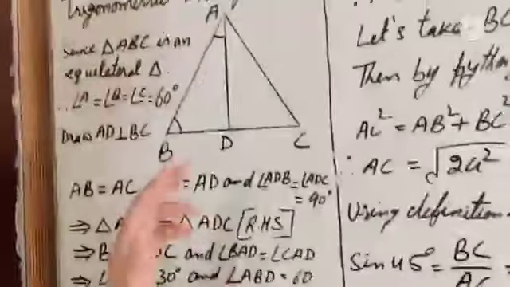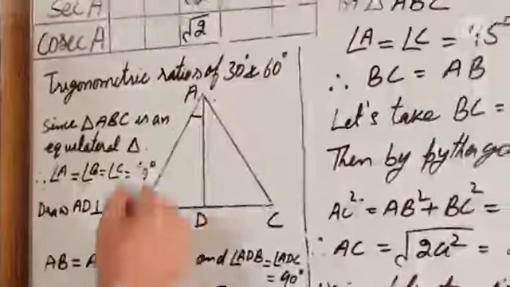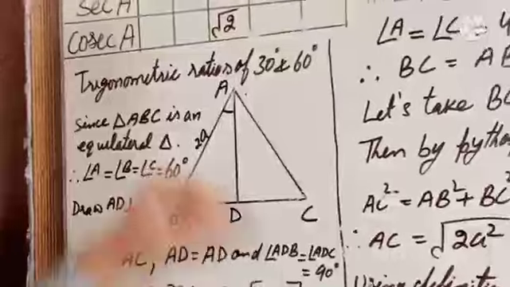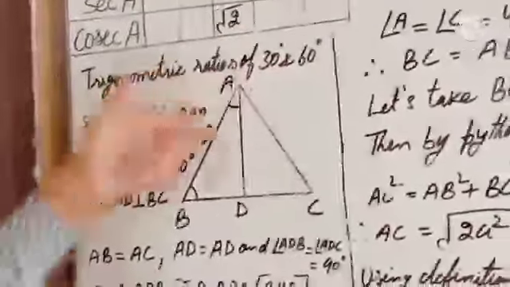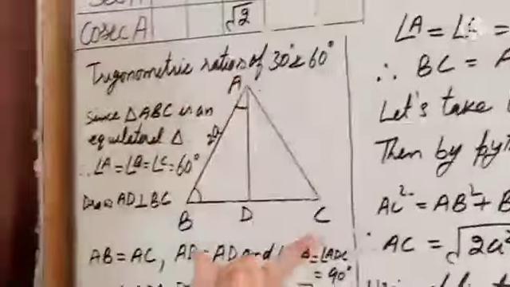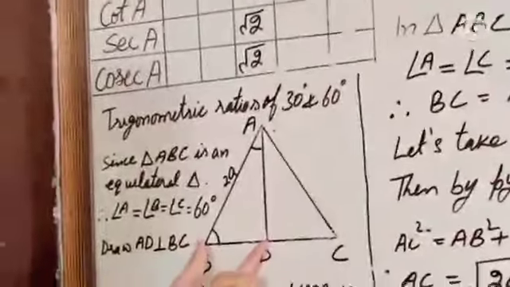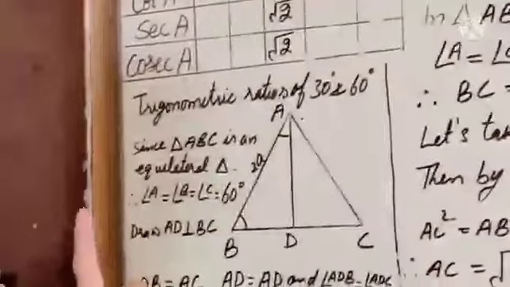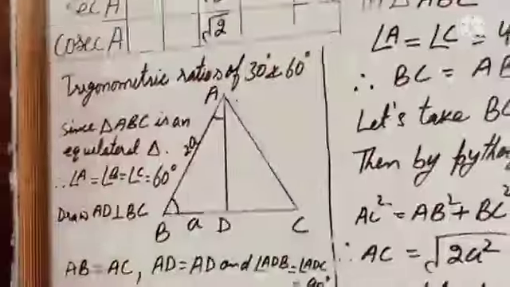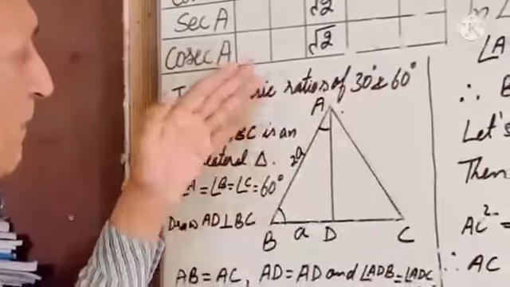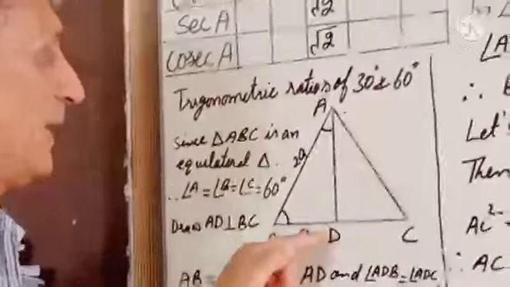And once BD is half of BC, now let's take AB to be 2A this time. And if AB, AC and BC are 2A, then BD automatically becomes A. Now we have the lengths of AB as well as BD. We need to calculate AD.